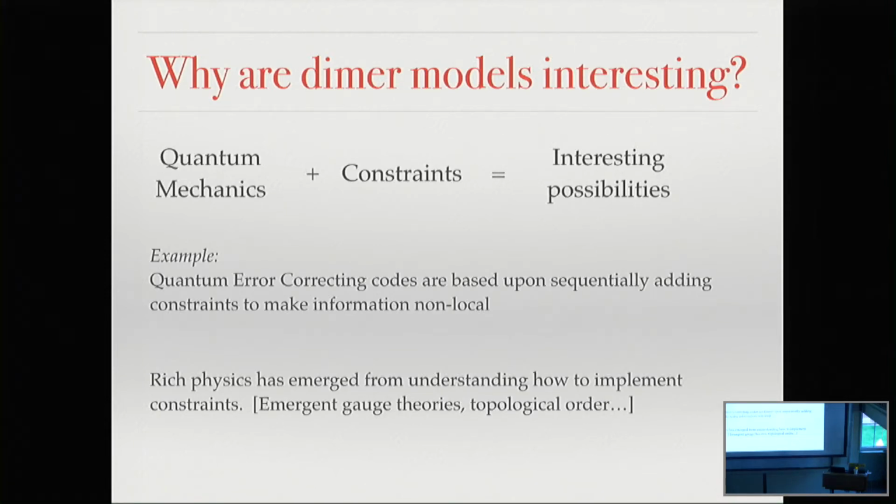Right? More generally, a lot of rich physics has emerged from trying to understand how to implement constraints in quantum problems. Whenever people talk about emergent gauge theories, that's typically about trying to implement constraints. So all these constraints on the dimers, this is just a snapshot, right?